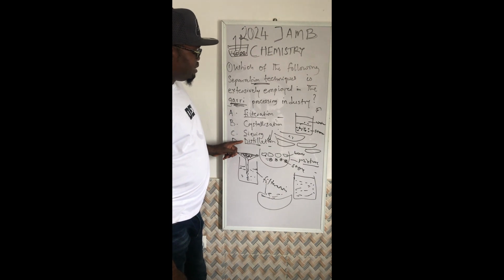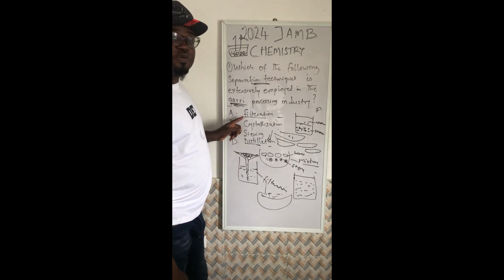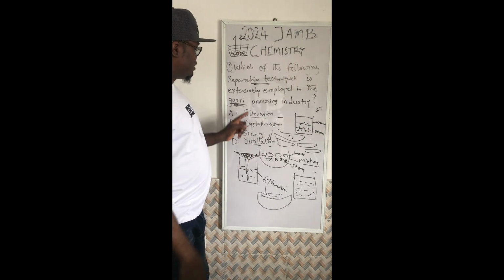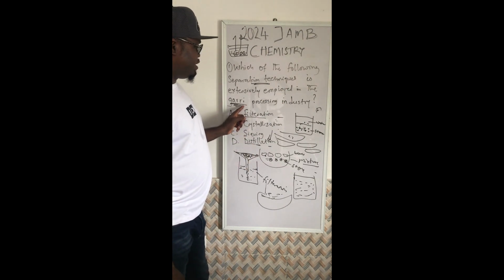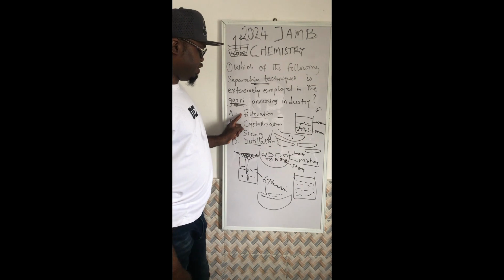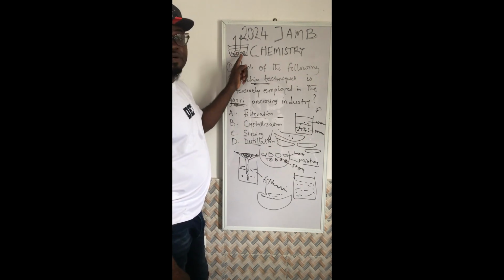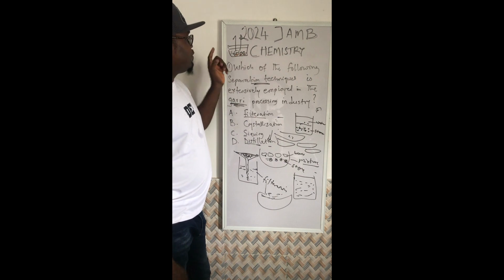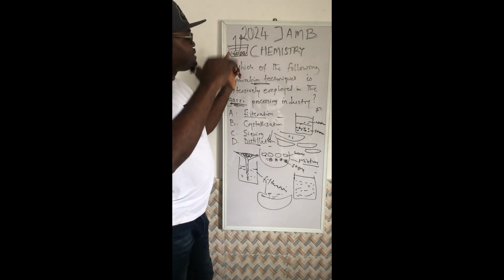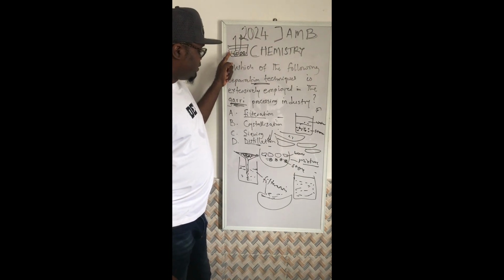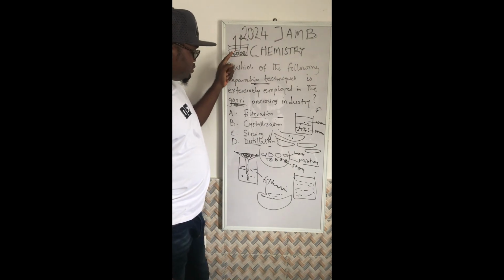When we look at Gari processing, we'll find out that the separation technique that most suits a stage in Gari production should be filtration, because crystallization is simply when you can form crystals out of the evaporation of some certain components of the mixture of a solution.